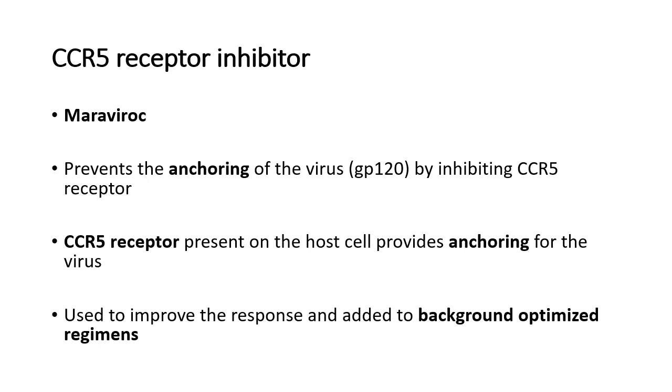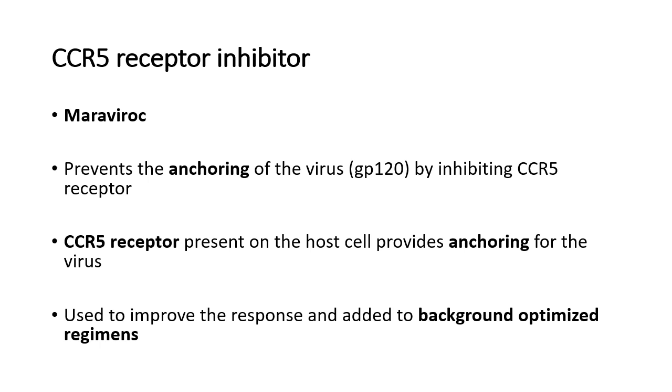What is the role of maraviroc in the treatment of HIV? It is used as an addition to the already existing background optimized regimens. So as I told you, three drugs are used in combination, that is NNRTIs, NRTIs, and protease inhibitors.